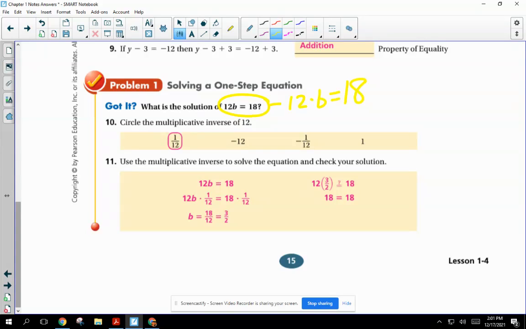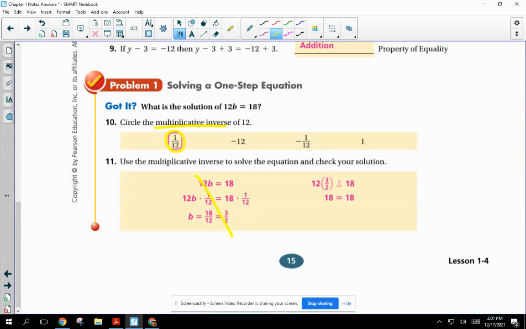Second, to solve an equation, you must do the multiplicative inverse of 12, which is 1/12. So you can multiply each side by 1/12, or you can do the opposite operation, which we just learned. So this whole thing down here, please do not write down. This is not the way I like you to learn this or do this.